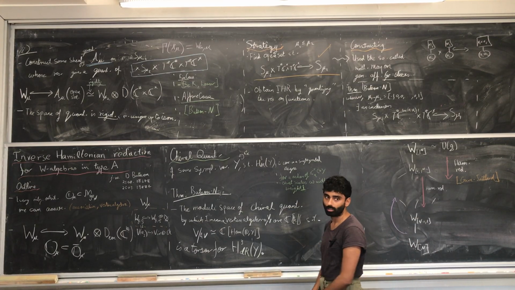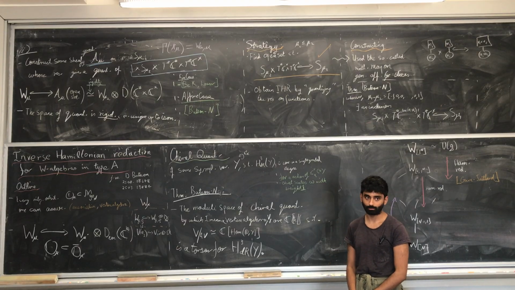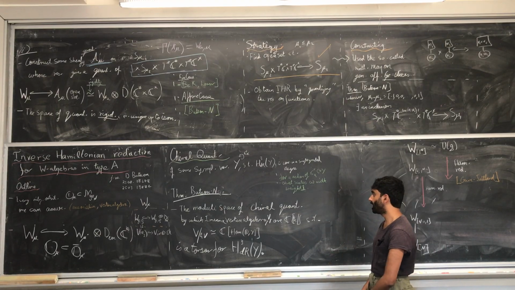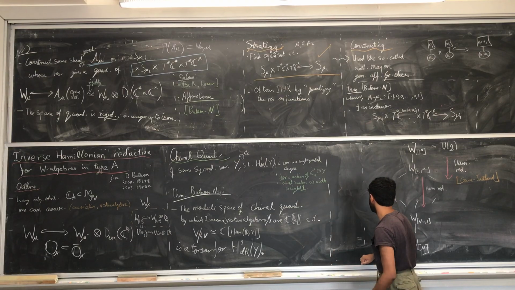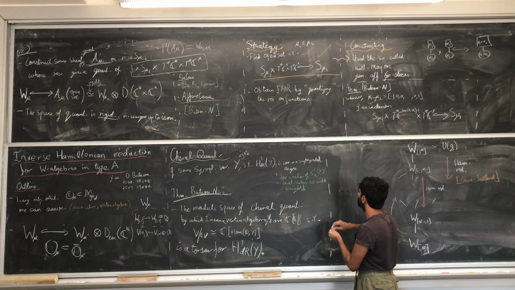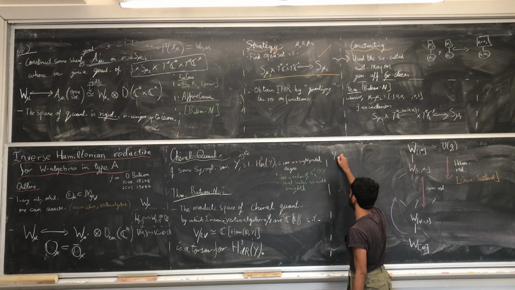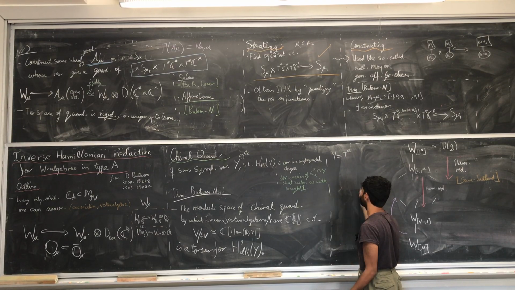Is there an example where one can see this phenomenon? Yeah, so the clearest example of this is for the case where Y is something like the cotangent bundle of something.